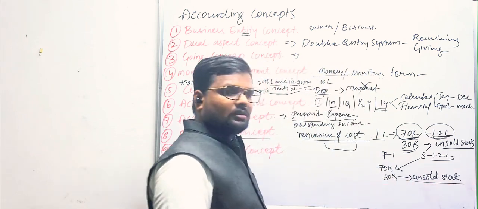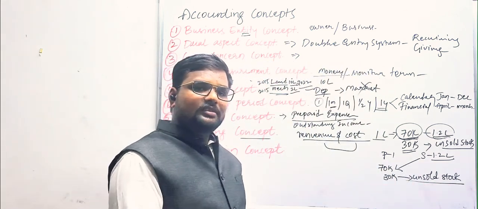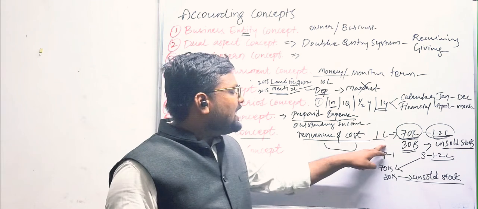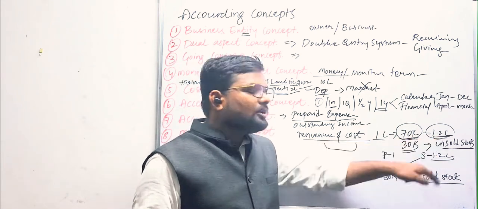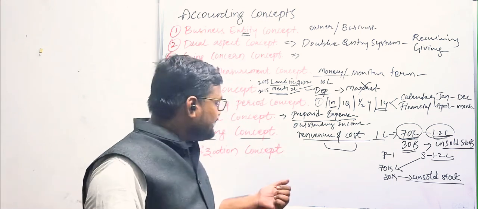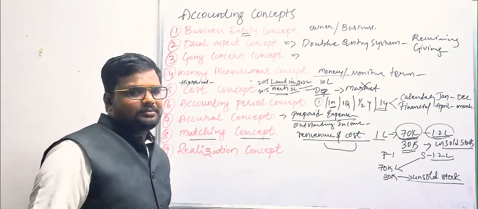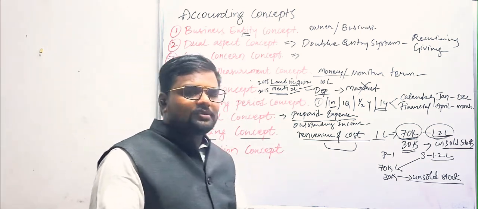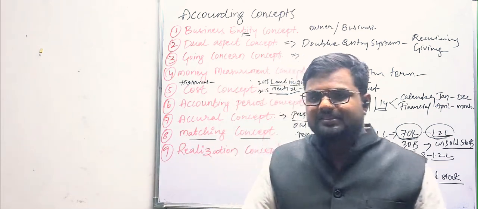This should be seen in this way, not as 1 lakh purchases, sales 1.2, profit 1.2. Then where is the unsold stock? So that is the matching concept. Revenue and cost should always be matched.